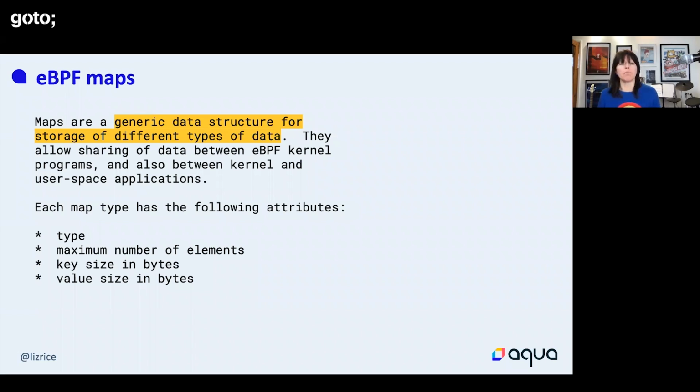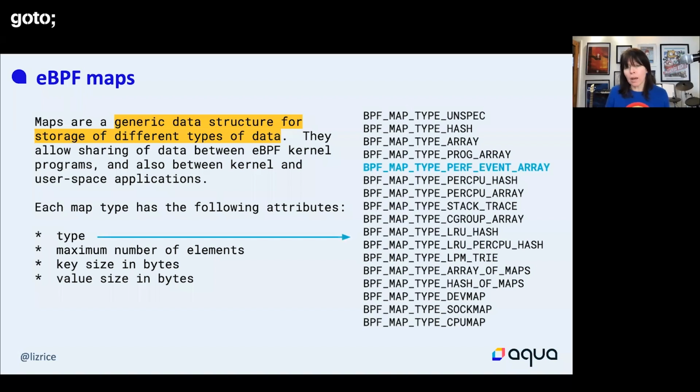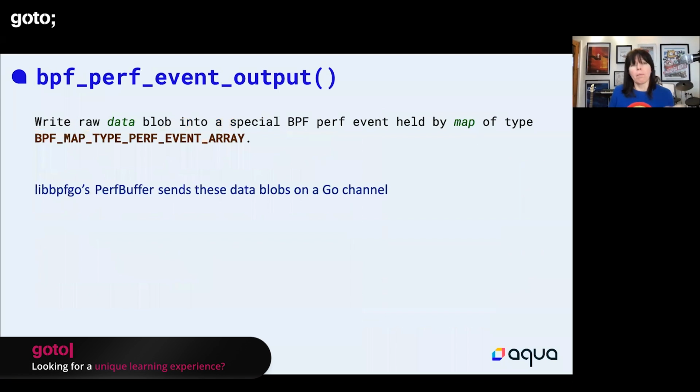So I mentioned before, maps are the way we can share data between the kernel code and whatever's happening in user space. There are lots of different types of map. I'm going to use a thing called the perf event array. And this is nice, partly because we can write an arbitrary blob of data.